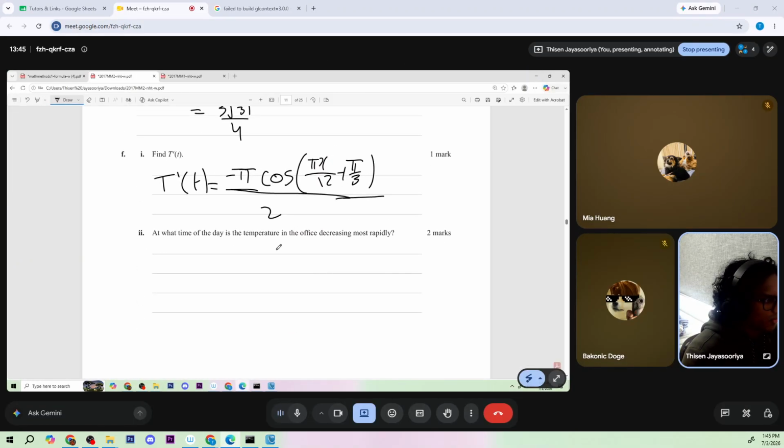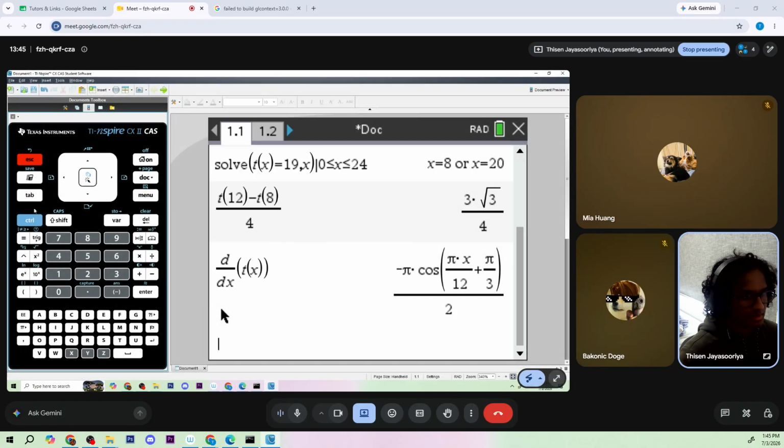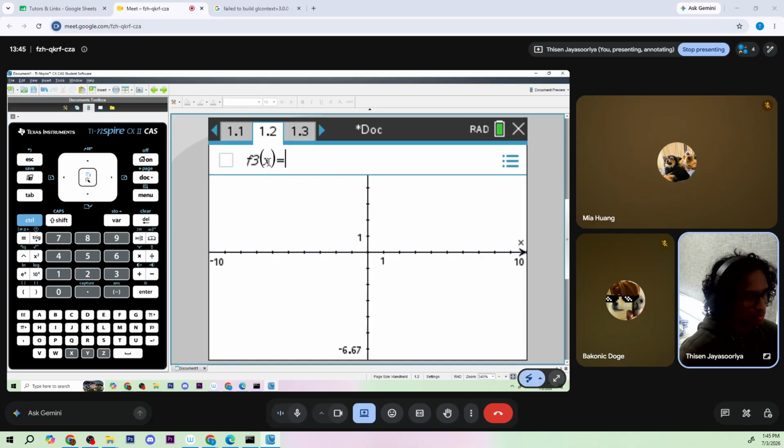Then it says, at what time is the office's temperature most rapidly decreasing? To highlight this, I'm going to sketch the graph again. Control doc 2.